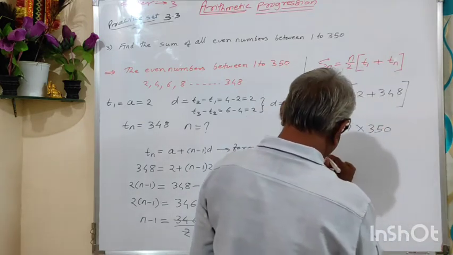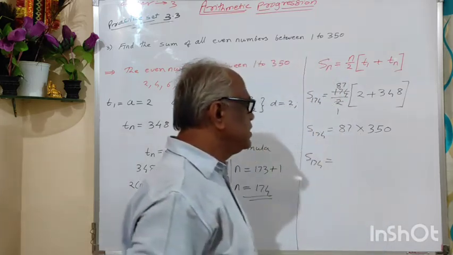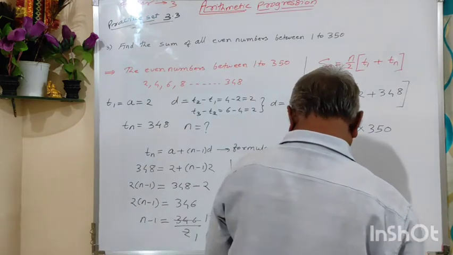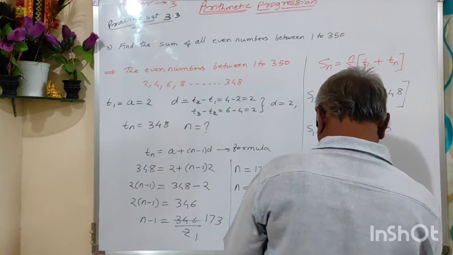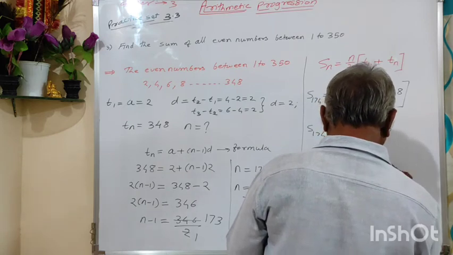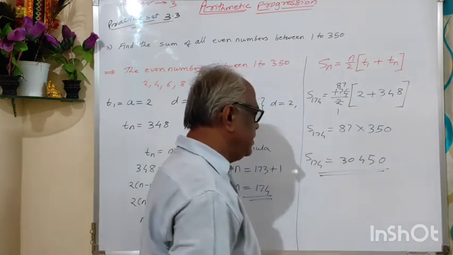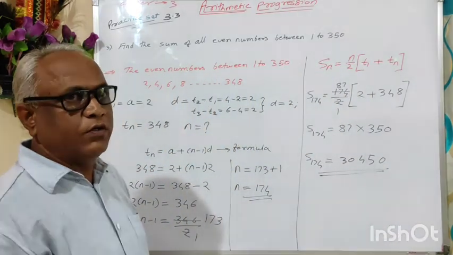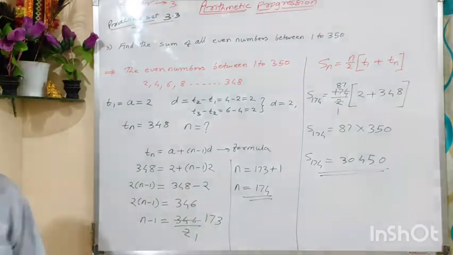So now multiply this. S174 is equal to 87 into 350. The multiplication here gives 30450. This is the sum. So you can take the screenshot and write in your notebook.